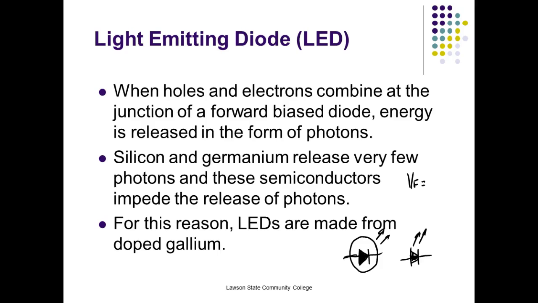So how do we make it come on? Well, we have to make the cathode negative with respect to the anode. If I put it on a test, the cathode has to be negative and the anode has to be positive, is that true or false?